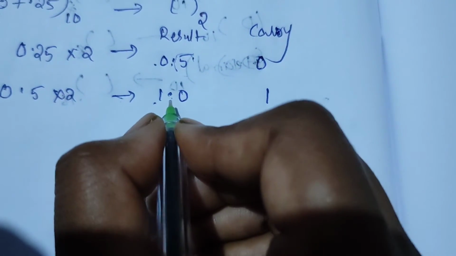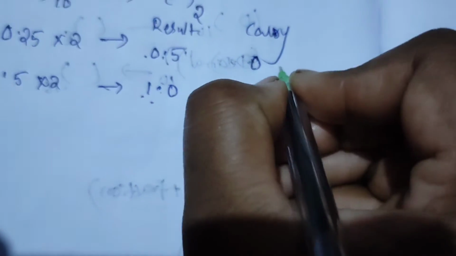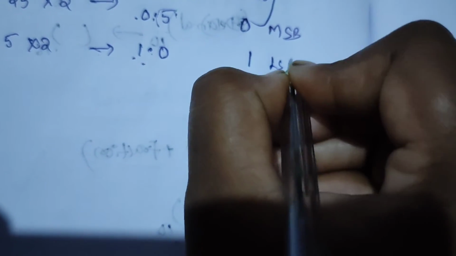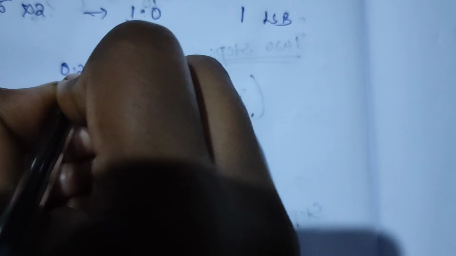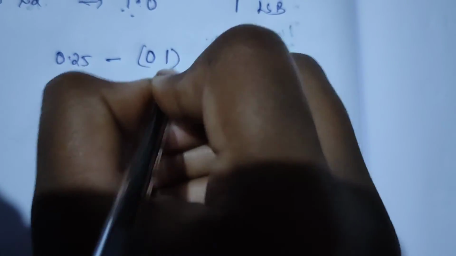So multiply 0.5 with 2, you will get 1.0. So before the decimal point 1 is there, so 1 is the carry. After that there is no value to multiply, so stop here. The first obtained carry is MSB and the last obtained carry is LSB. So 0, 1: this is the equivalent binary representation of the fraction part.